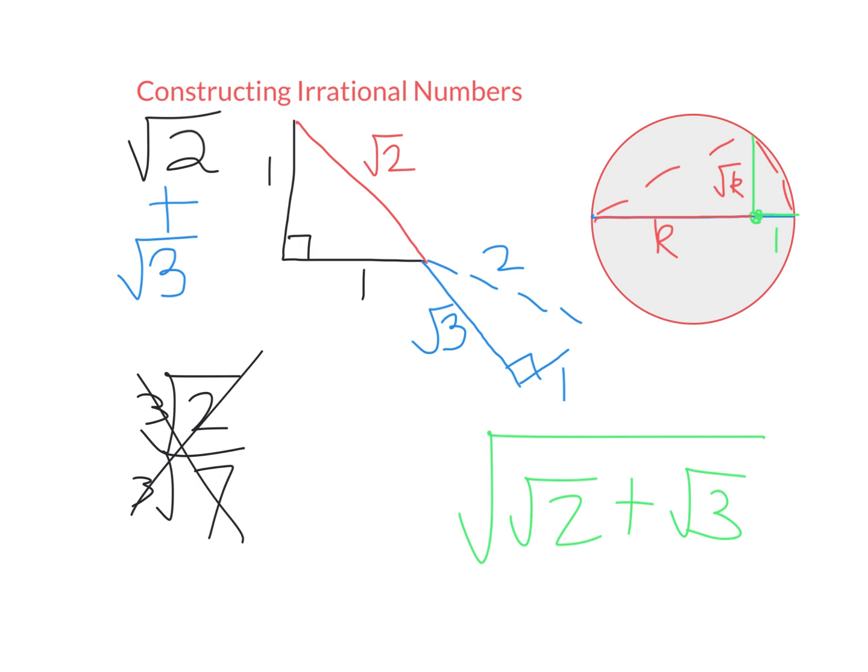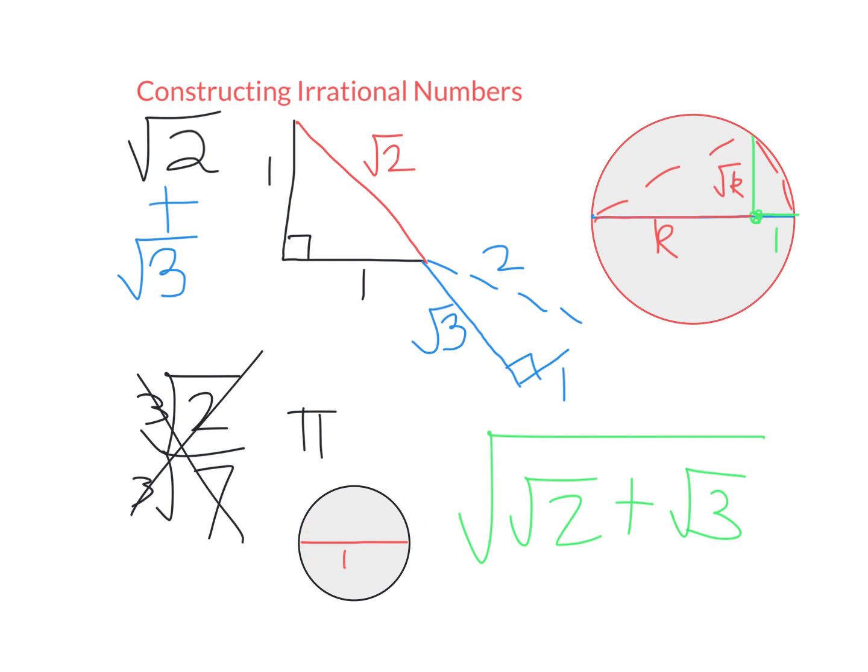Another example of a number that's not constructible is pi. Now, it's actually very simple to make a circle with circumference pi, because remember that the circumference of a circle is diameter times pi. So if I were to create a circle and its diameter was 1, that's pretty easy to do, the circumference here would be pi.